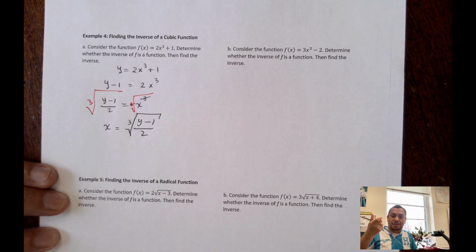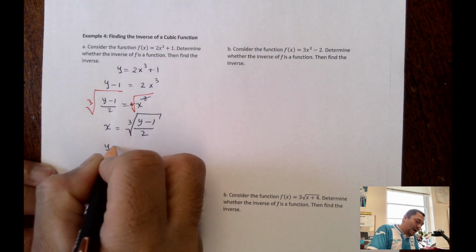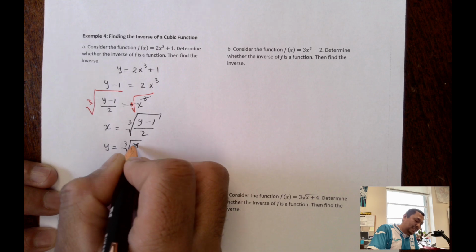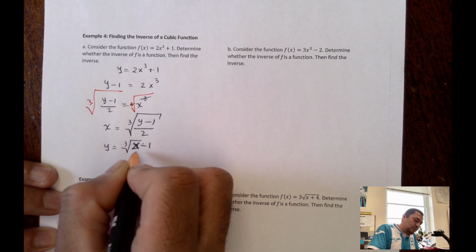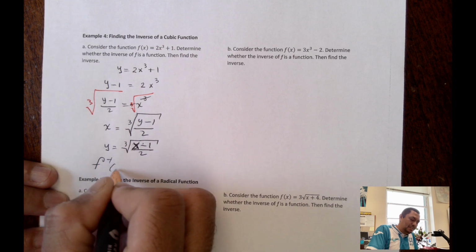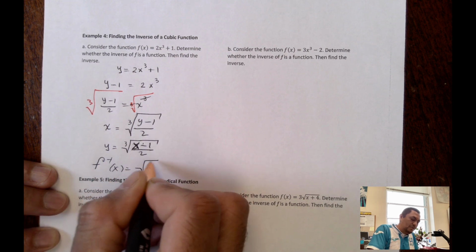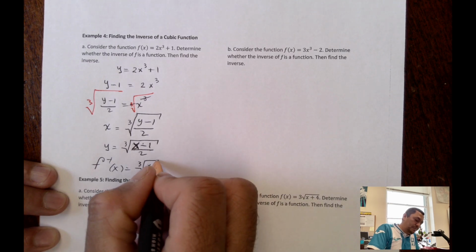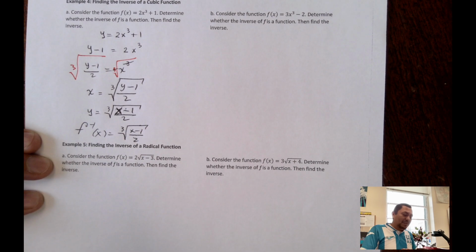Now we interchange the variables. So I have that y equals the cube root of x minus 1 over 2. So f inverse of x is equal to the cube root of x minus 1 over 2. That's my solution. Now, is it a function?